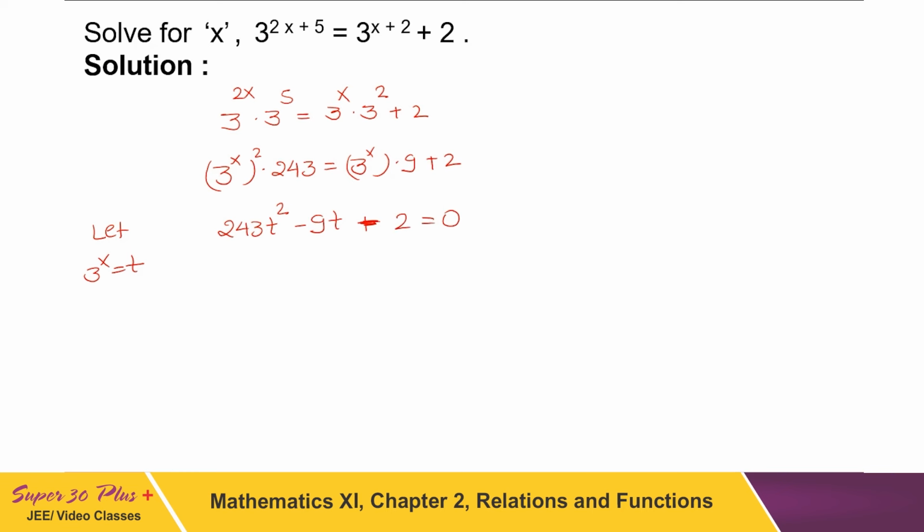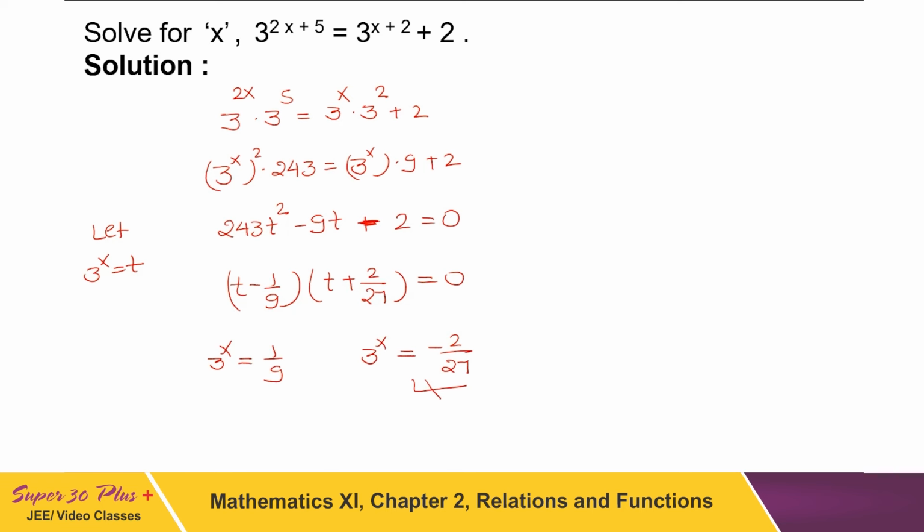Now simplify it. We can obtain the factors (t minus 1 upon 9) and (t plus 2 upon 27) is equal to 0. What is t? t is 3 to the power x. So 3 to the power x is equal to 1 upon 9 and 3 to the power x is equal to minus 2 by 27.